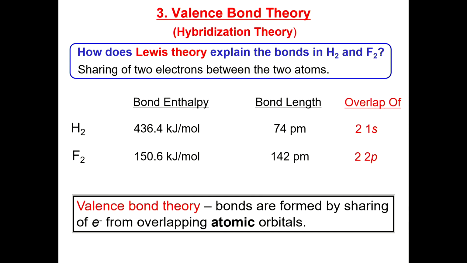We also know how to use the Lewis theory to explain the bonds in hydrogen, in atoms, in molecules. Basically, the bonds are formed by overlap of the orbitals.